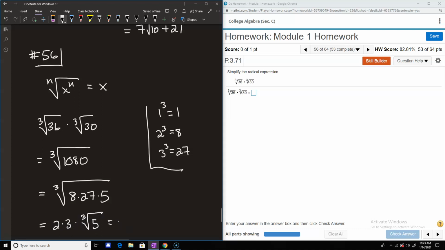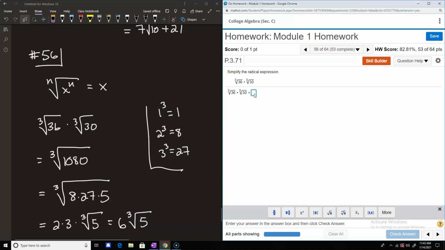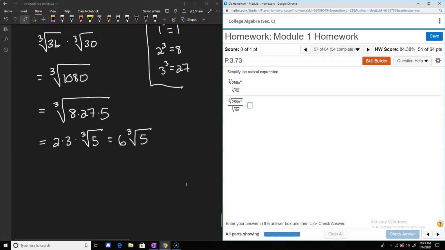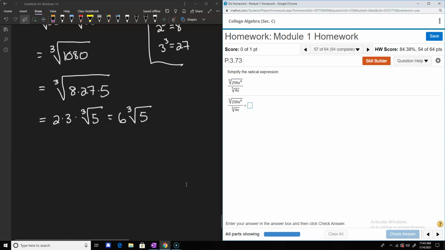So this actually is 6 cube root of 5. That would be the answer here. I'll show you also how to break this down into a factorization tree, because maybe that's difficult for you to see that those numbers go in. I just have intuition because they're small numbers and there's not going to be that many options. Let me just show you how a factorization tree would work.